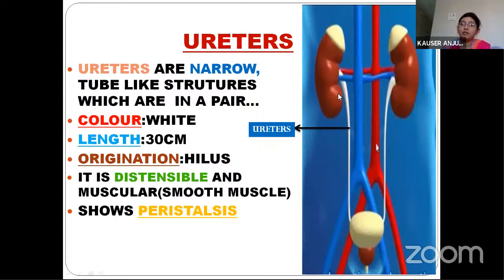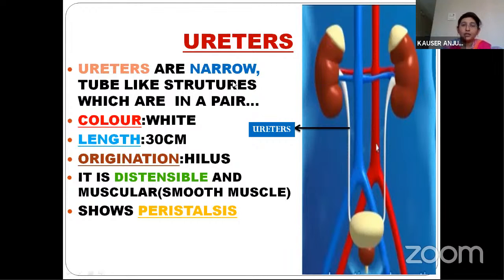At this inner concave surface, there is an opening of the kidney which is called as hilus. From this hilus, 3 tubes originate. The first is renal artery, which is red in color. The second is renal vein, which is blue in color. And the third tube, which appears white in color, is called as ureters.